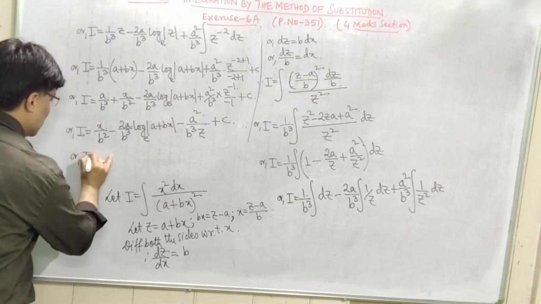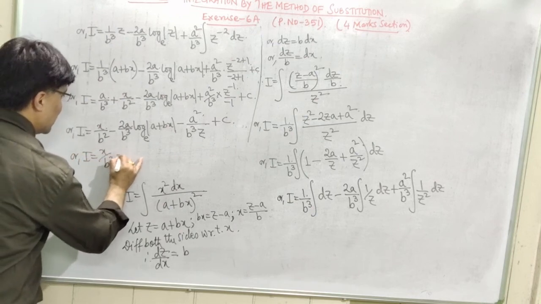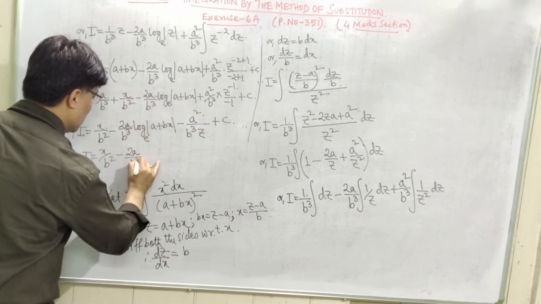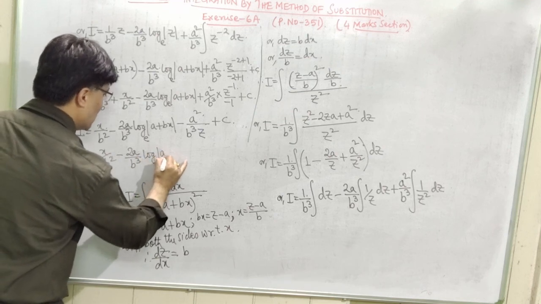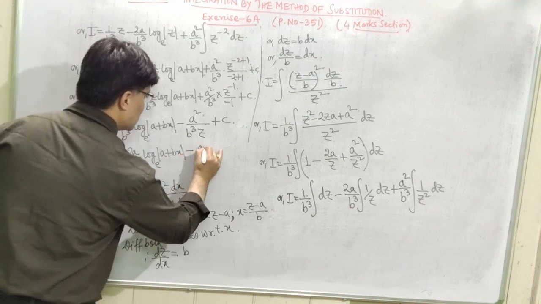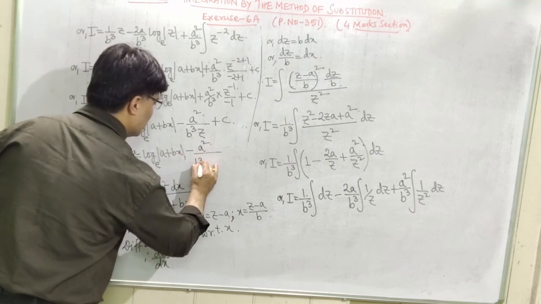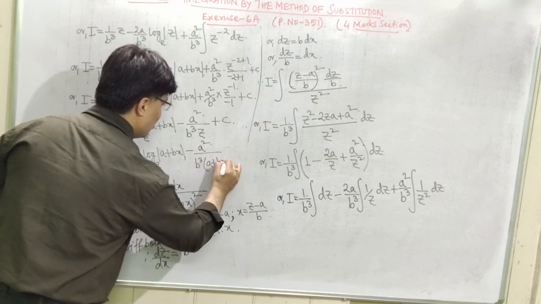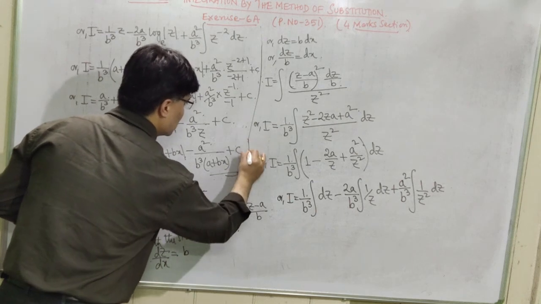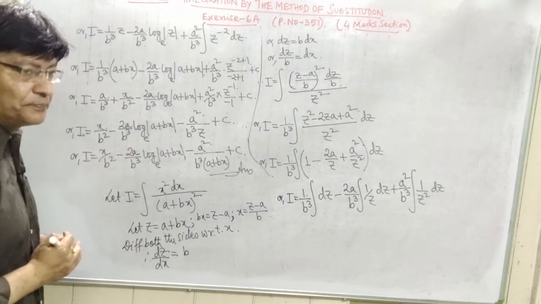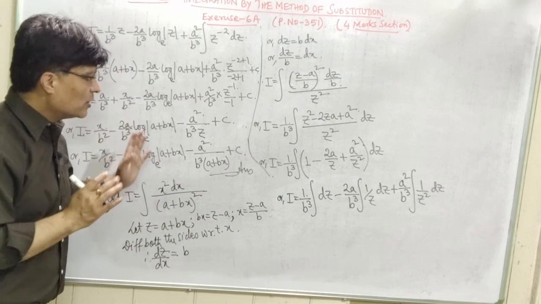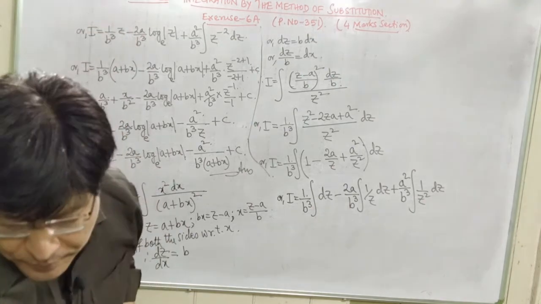So or I is equal to x upon b square minus 2a by b cube log within mod a plus bx, the base is e, minus a square divided by b cube within bracket z, that is a plus bx, then you can write plus c. So this is the final answer. So the answer for this integration is this one. Okay, so I think you have understood it, so you can copy it.